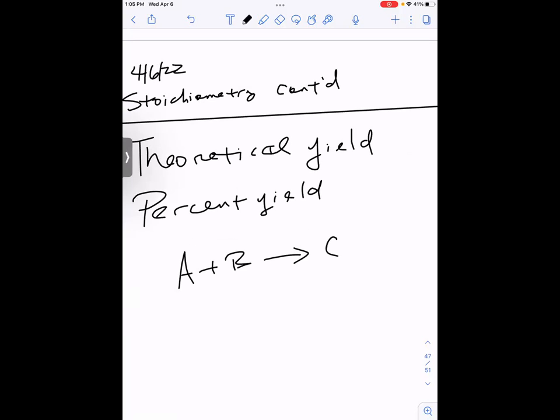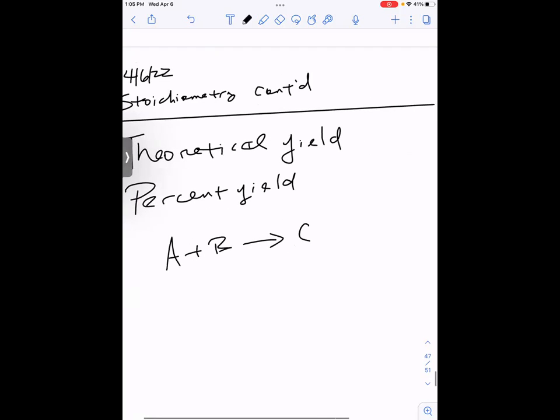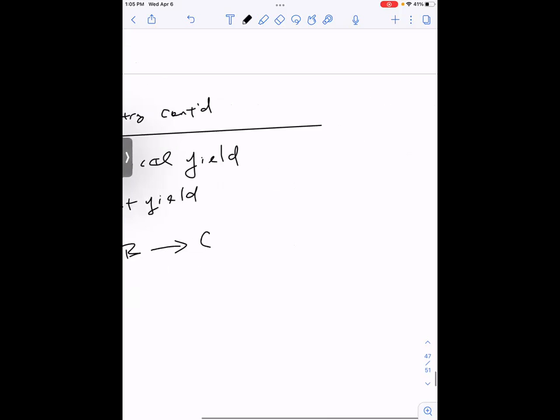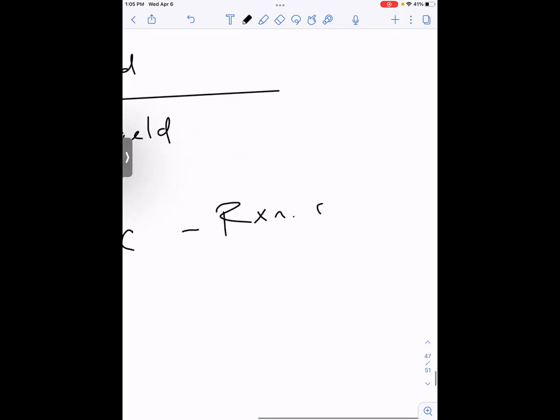So let's say we have a reaction between A and B, and that goes to C. One of the things about chemical reactions is this, that they rarely ever go to what we call completion. So we can say this with certainty, that a reaction rarely goes to completion. And there are different reasons for that.